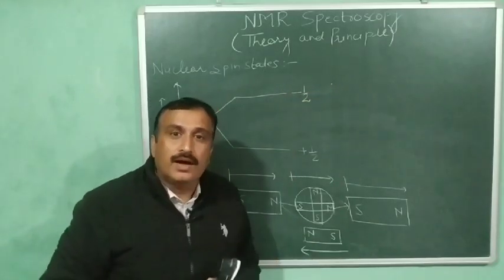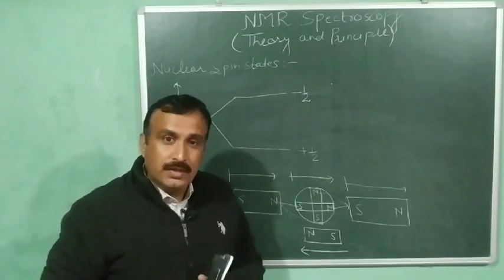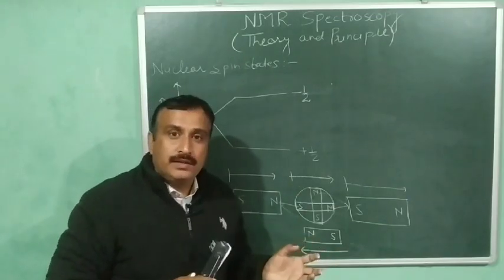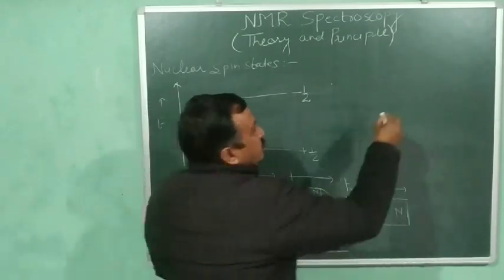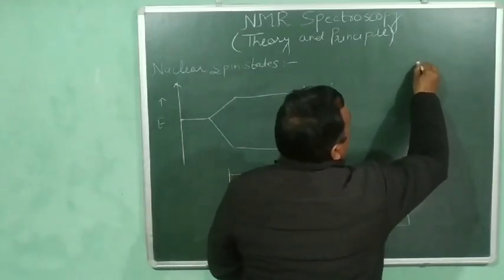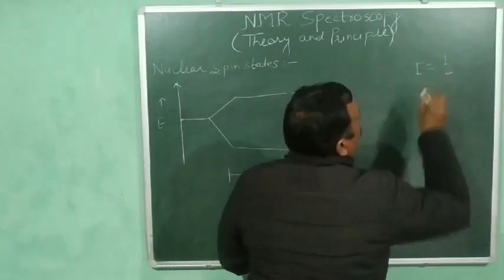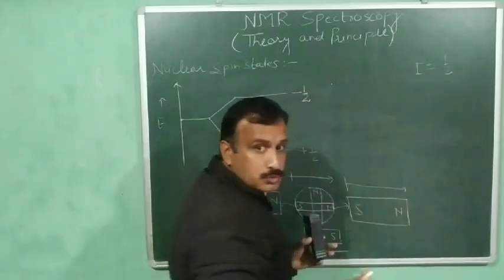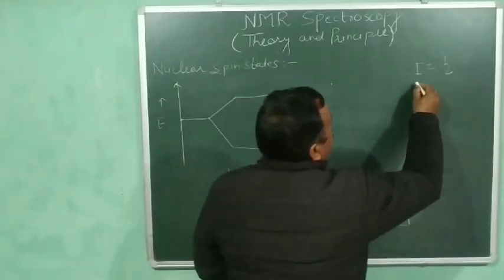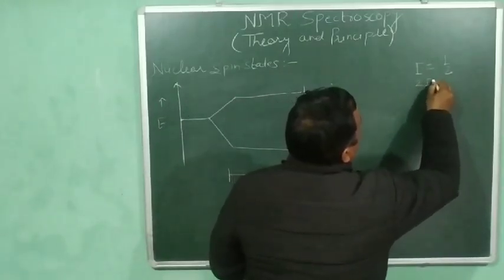and this state is represented by -1/2. So now I am coming back to the point that the nucleus which has nucleus spin quantum number equal to half will have two nucleus spin states, that is 2I plus 1.